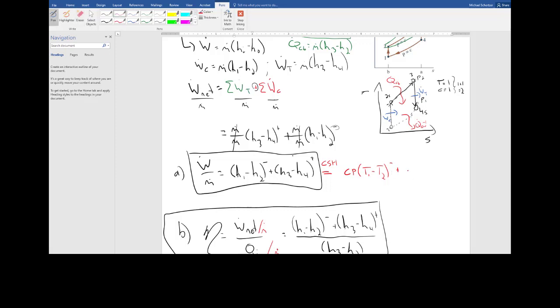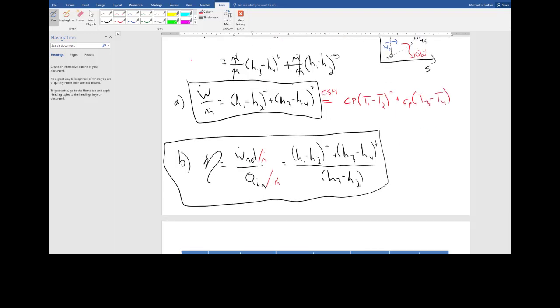Plus CP times T3 minus T4. Right? Or I could just pull the whole CP out, right? This is going to be CP times T1 minus T2 plus T3 minus T4. Here I already did the top, right?